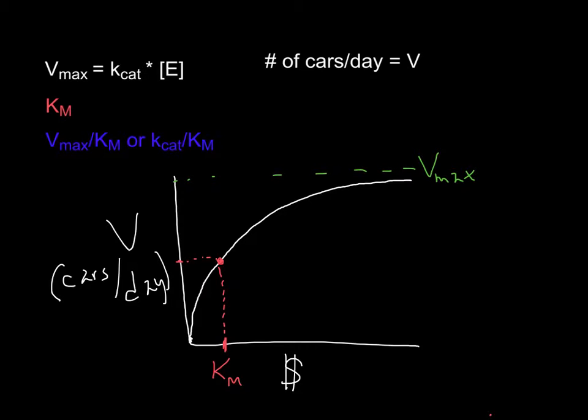Okay? But just because an enzyme or a car factory can make lots and lots of cars doesn't mean it's very efficient. Okay? So there's a term called Vmax over Km, or kcat over Km, which tells you how efficient the enzyme is. What that is, as you approach zero, this region right here, the slope of that line.